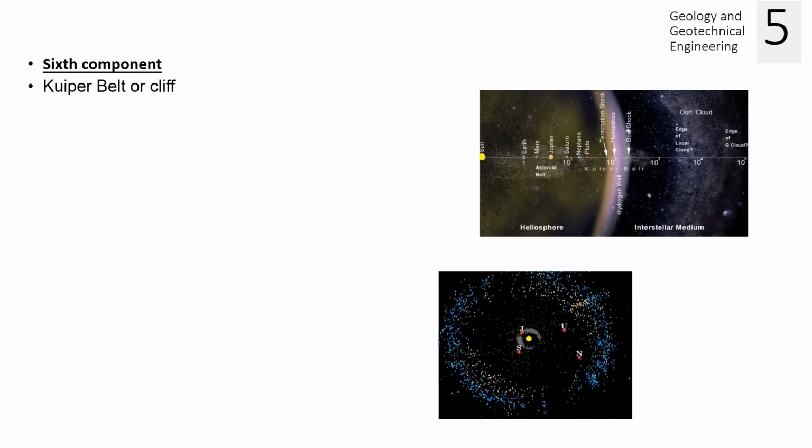The sixth component is the Kuiper belt or Kuiper cliff, and the Kuiper cliff is composed of several spherical clouds.